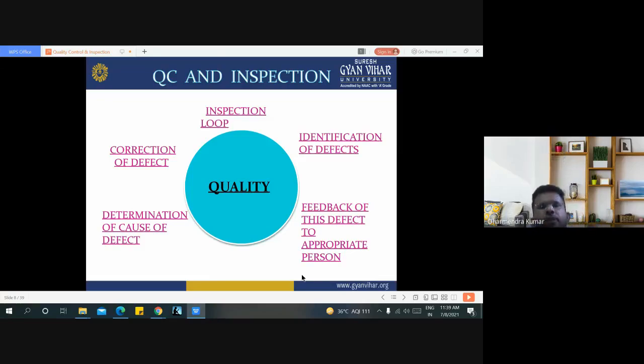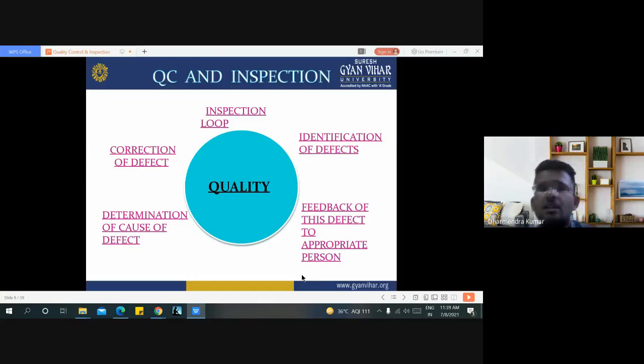Determination of the cause of defects. In the inspection process, we generally find out the various causes which are responsible for any defect or any deviation of the characteristics of that product.